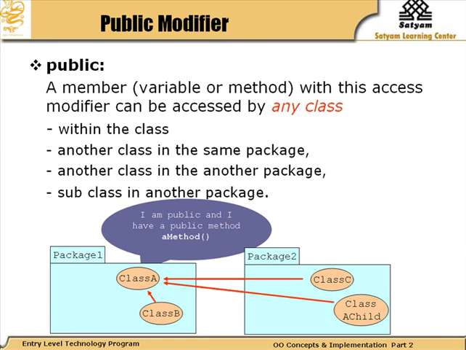As discussed, public members can be accessed from other packages. And then the method aMethod can also be accessed from the child class, class aChild. This implies that public members can be accessed from any class. Soon we will see some examples on this.